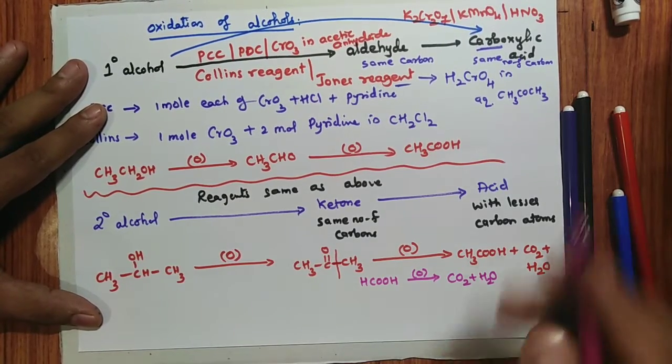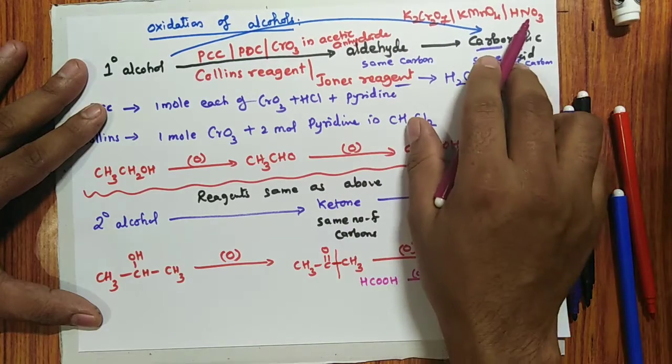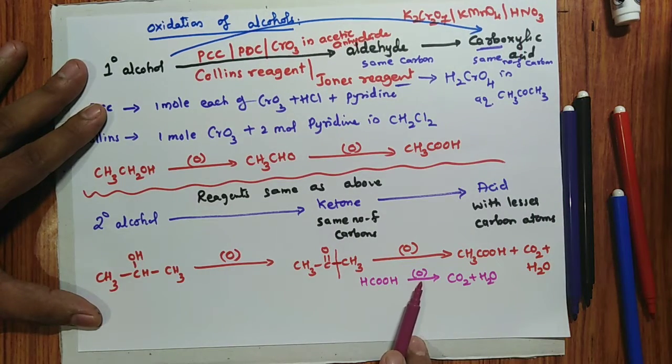Hence, whenever KMnO4 or K2Cr2O7 or HNO3 is used as the oxidizing agent, you will never end up with the product called formic acid. Always remember, formic acid is converted into carbon dioxide and water. Very, very important point. You will never write formic acid in that case. So I think you have understood. So secondary alcohol is converted, in this particular case, like this.